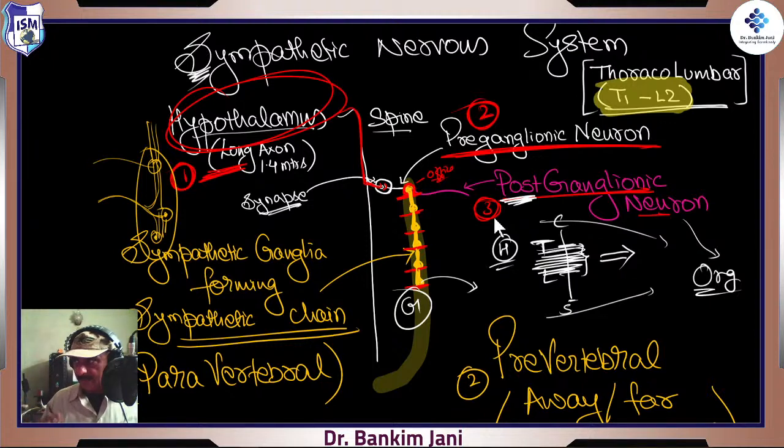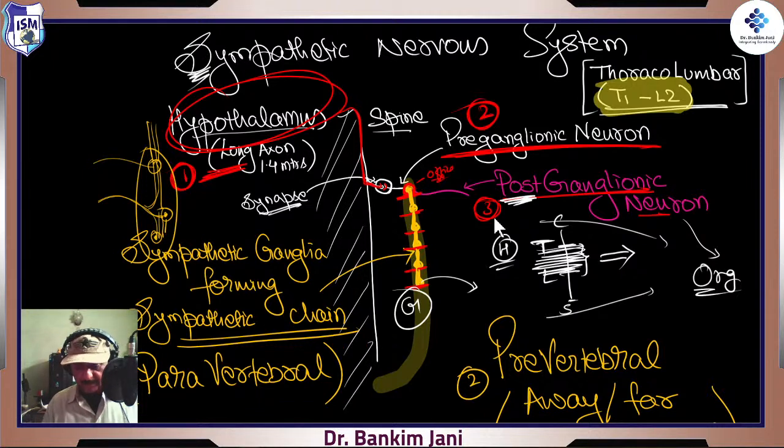This much is the spinal cord, and this is outside the spinal cord. It has to be outside, right? Because we are talking about ganglion. Ganglion is always outside. Had it been inside, we would have called it a neuron.